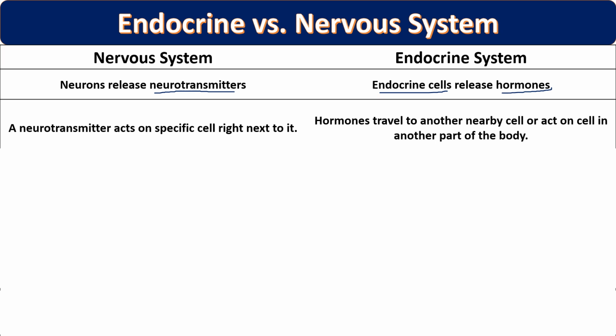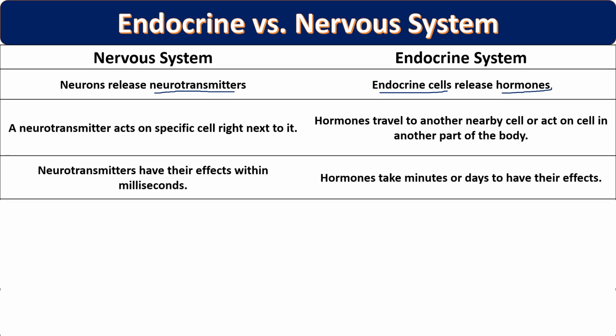A neurotransmitter acts on specific cells right next to it, so it does not have to travel a very far distance. Neurotransmitters are released by one neuron and work on other tissue which is very near to it. Whereas a hormone needs to travel from one location to other locations through the blood vessels, through the blood circulation. So a hormone has to travel.